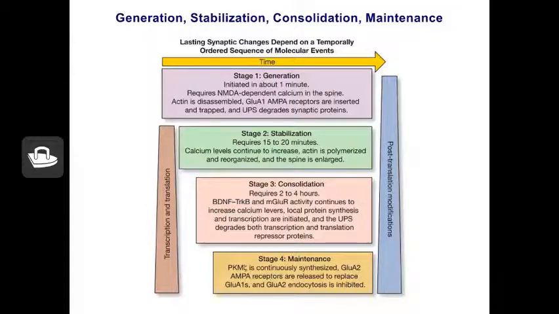The third stage is consolidation, which requires from 2 to 4 hours to initiate in a standard preparation. This is the stage that is supported by genomic cascades of signaling. BDNF and mGluR activity continues to hold postsynaptic calcium concentrations at an elevated peak.